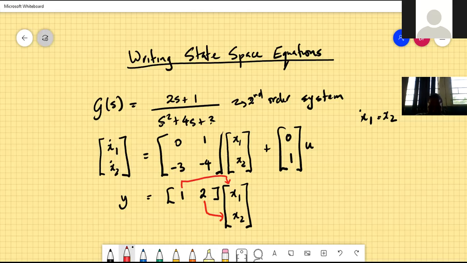So x2 represents the derivative, which we call the s. That is how I remember to write them down.